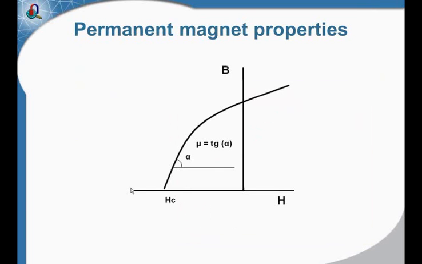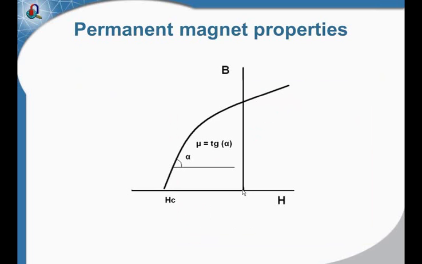If you have a permanent magnet, it is specified by coercive force. Coercive force in our terms is the shift of the curve left from the zero position.